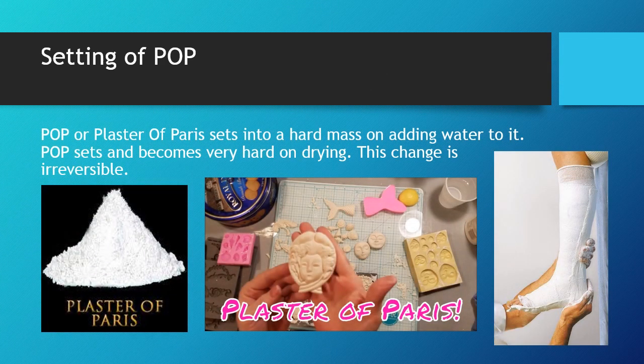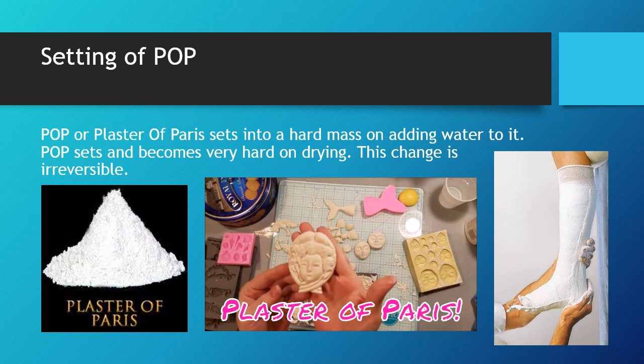POP or plaster of Paris is a white powdery substance which immediately sets to a hard mass on adding water to it. It becomes very hard on drying and it is usually used in craft work and in making statues. There is another very important use for POP.